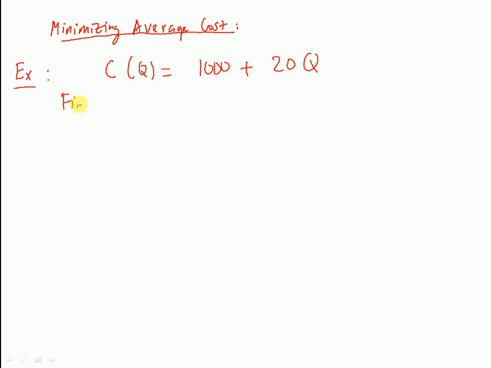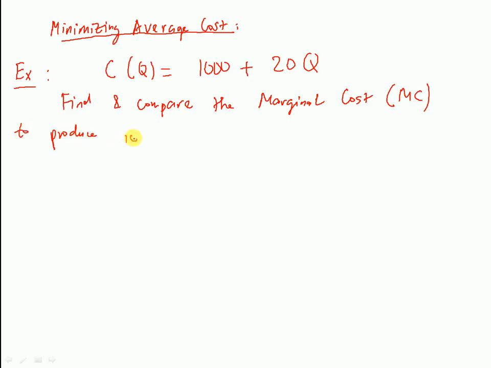Now the question asks, find and compare the marginal cost, which is MC, to produce the 100th item, and the average cost of producing 100 units.